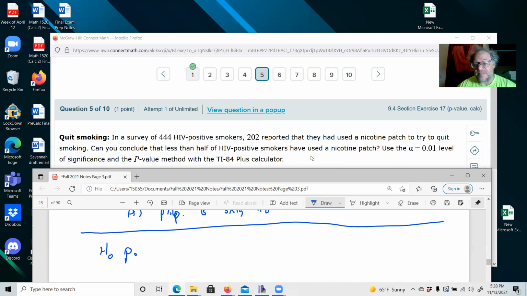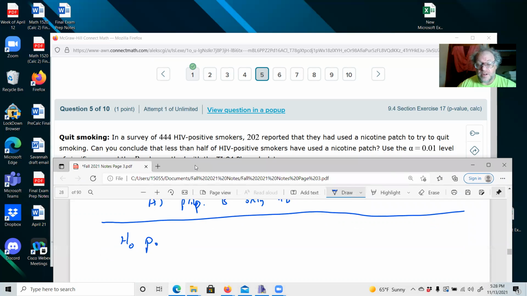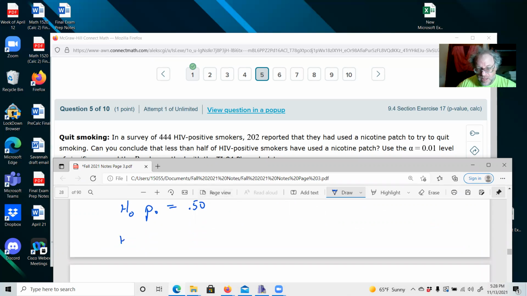They didn't say half, but they implied that we're testing against half. So we say it's half or greater. p0 is equal to 0.5. Remember, p is always the equality. H1, we're saying that it is less than half.